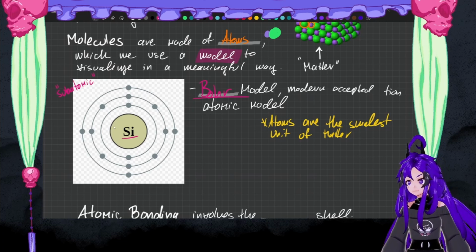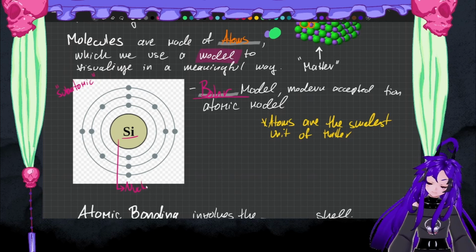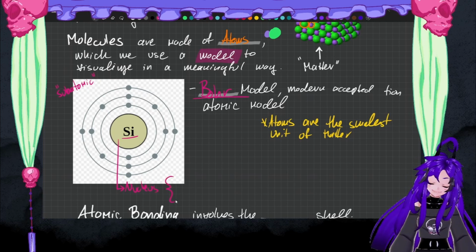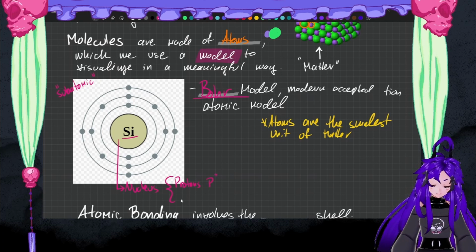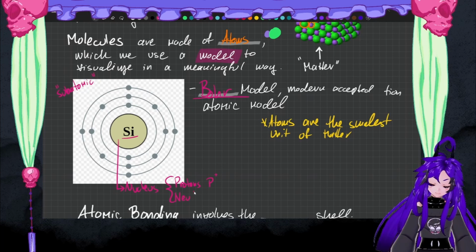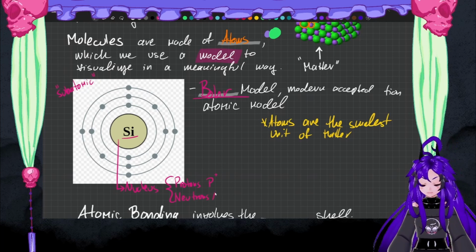So this big round bit in the middle, we call that the nucleus. And the nucleus is made out of protons, which we represent with p to the positive, and neutrons, which we represent with n to the 0, or just n.